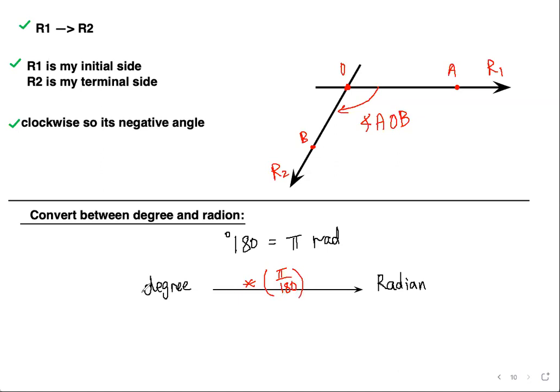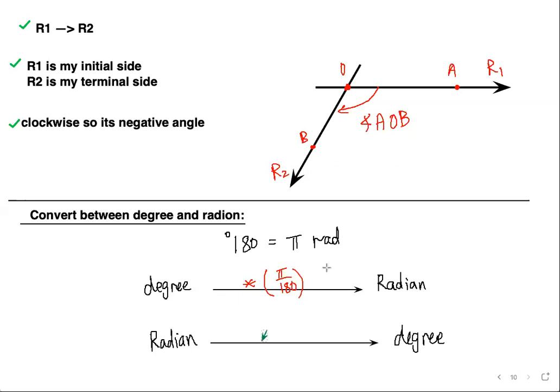And to convert from radian to degree, what should we do? Does anyone have an idea? You have to multiply by what?